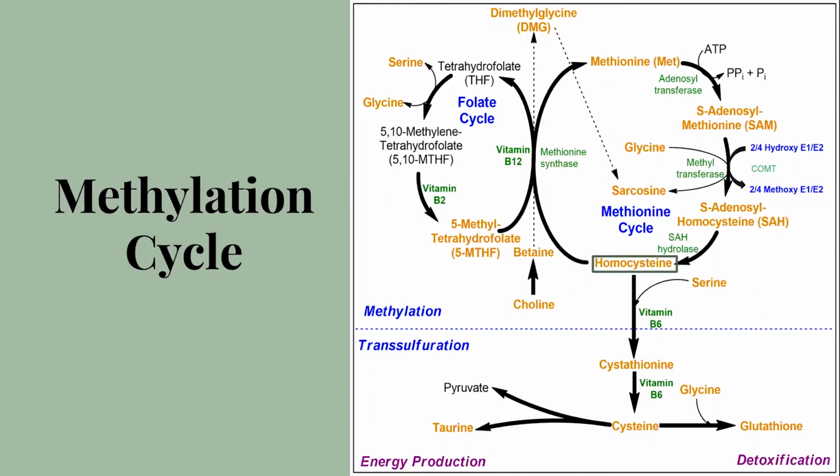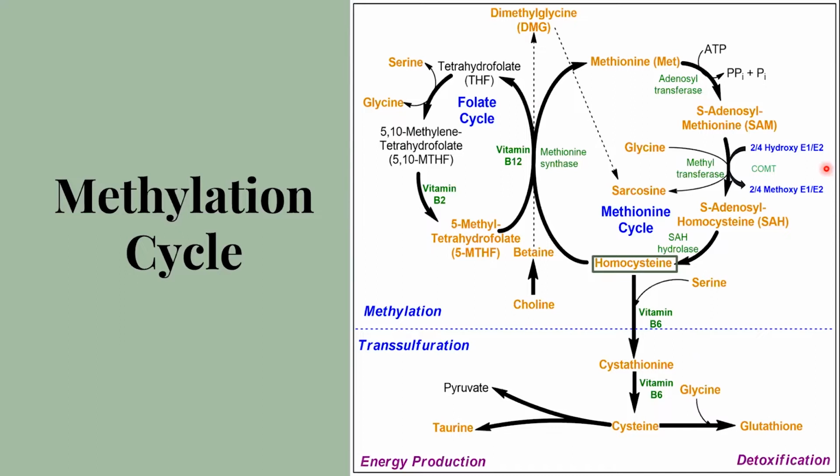During transsulfuration, homocysteine reacts with serine, enzymes, and other cofactors such as vitamin B6 to produce cysteine. During remethylation, homocysteine is converted back to methionine, and this is a vitamin B12 dependent reaction.